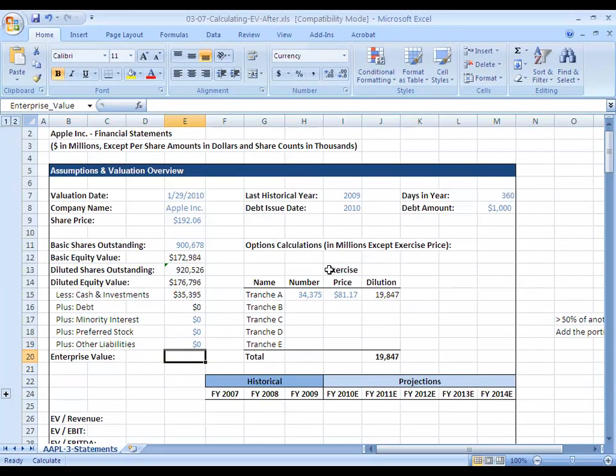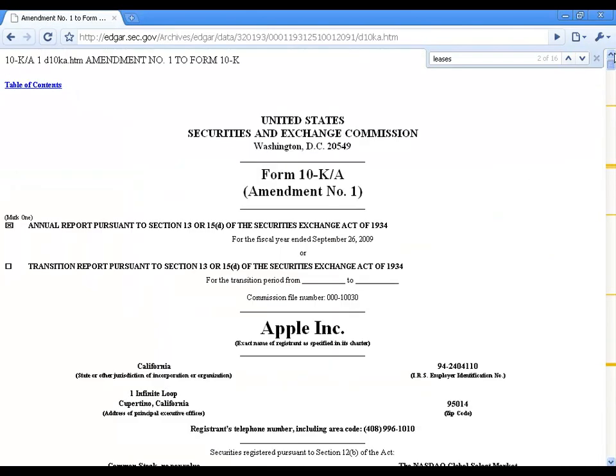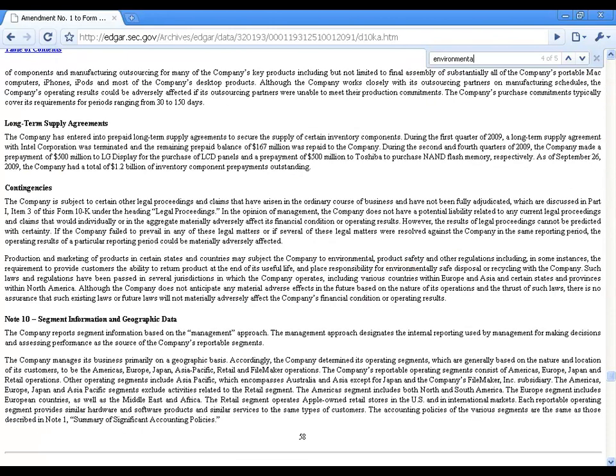Other examples of what could appear under other liabilities might be environmental obligations or environmental liabilities. So maybe they have to repay the government for some type of environmental damage or some type of other liability like that. So that could be another one right here.